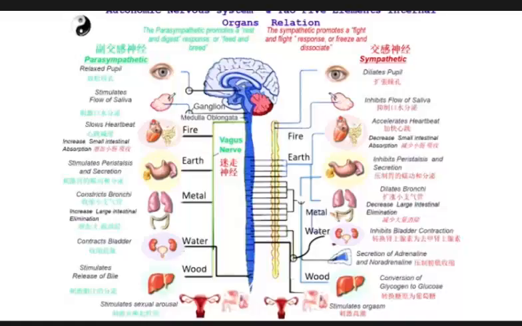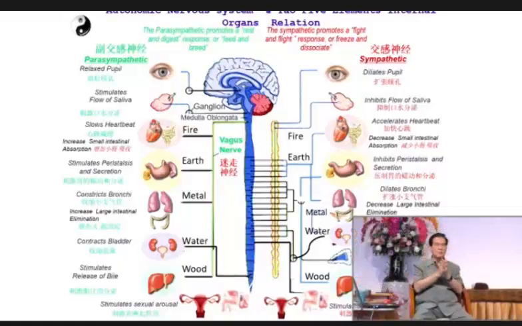And you rest, relax, smile, and it is so simple to remember. When you are in the parasympathetic mode, you smile and you rest and relax. The body starts to rest and digest. Okay, the rest and digest. The digestion starts to happen and absorption starts to happen.